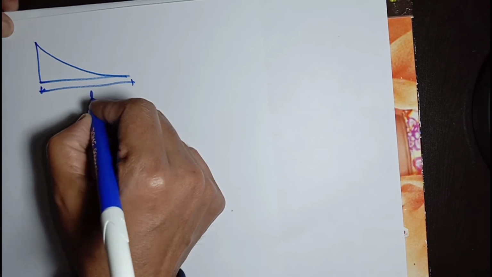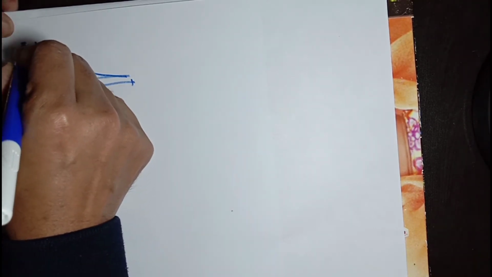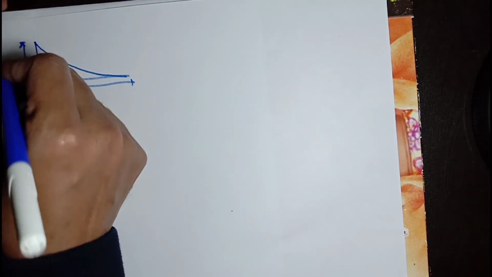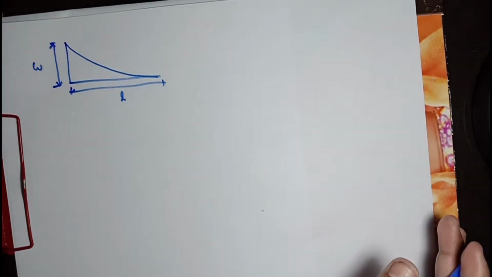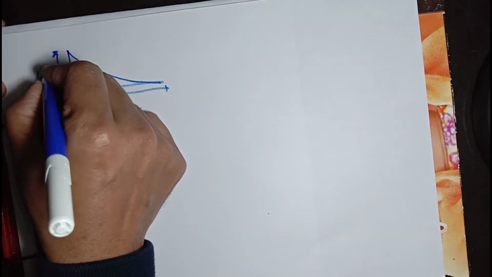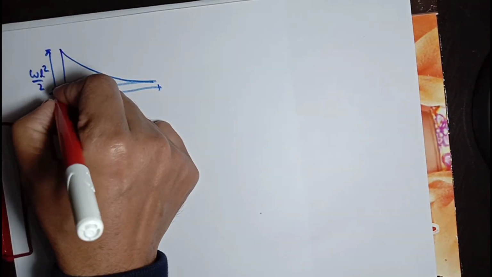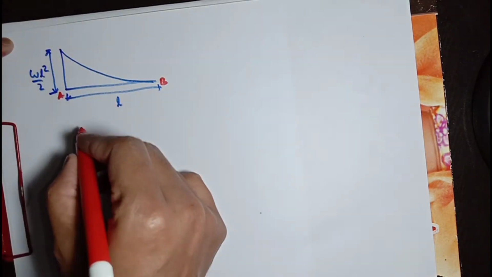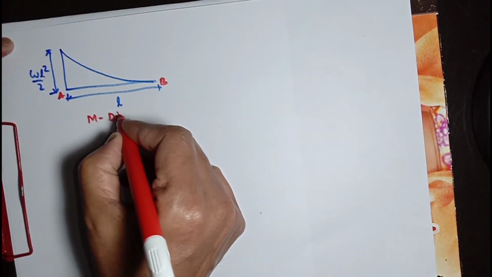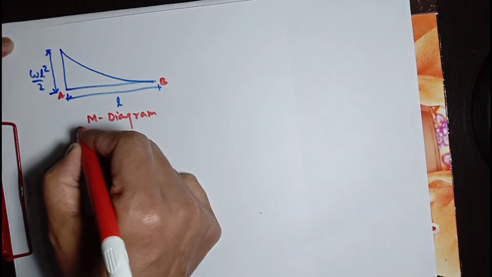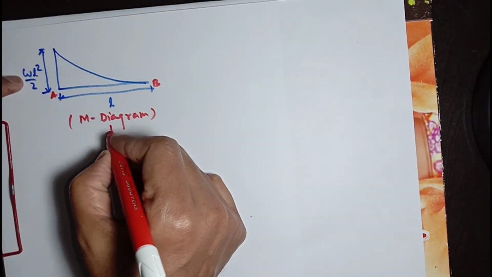Length is L, and maximum value is WL square by 2. And this point is A. This point is B. This is the M diagram for real beam.